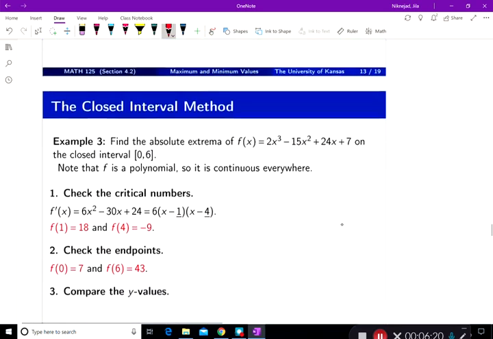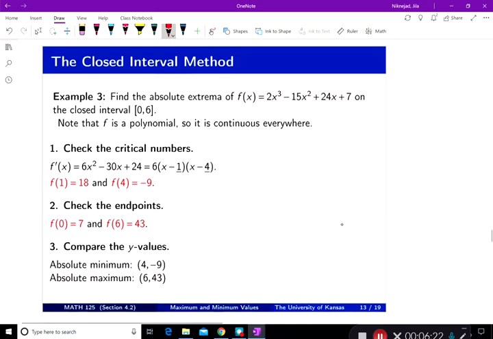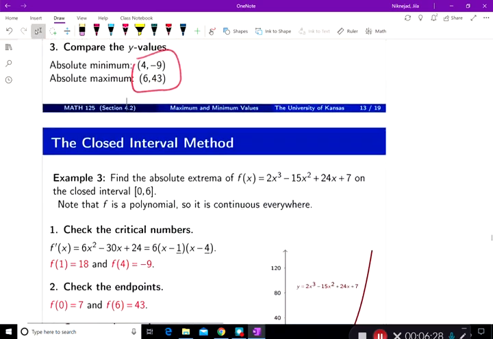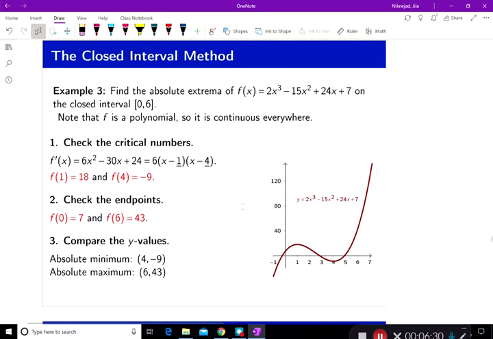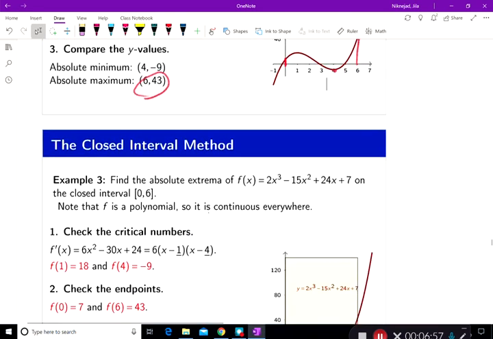And now we compared the values, we found these, and let's see how it sits on the function. So this is the function if you graph it, and if I look at the interval 0 to 6, I see that this endpoint is the highest value, which is 6 and 43, and the lowest value is reached over here, which is 4 and -9.